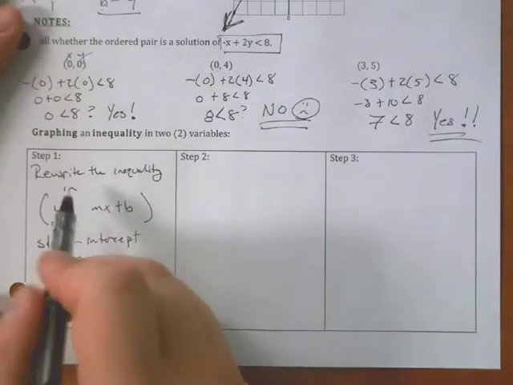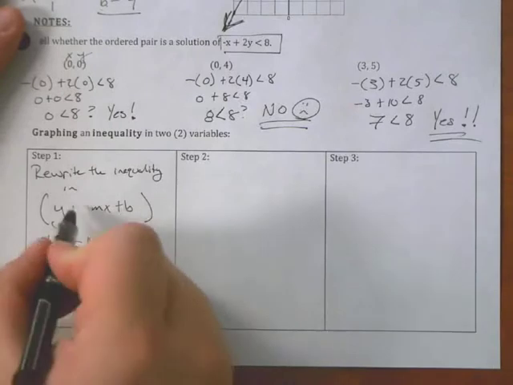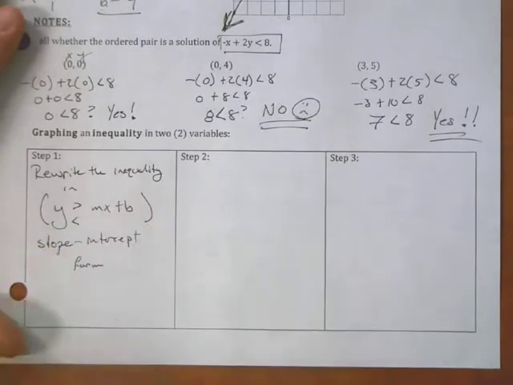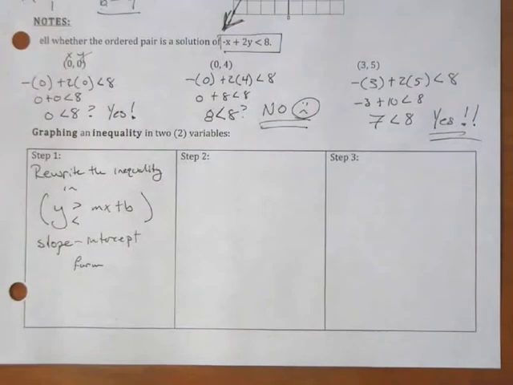Notice we're going to be using inequalities, so this will be like a greater than or maybe a less than symbol. It won't be an equal sign, but it's the same idea. Rewrite it so it's in y equals mx plus b form, essentially. What's that word next to slope? Intercept.